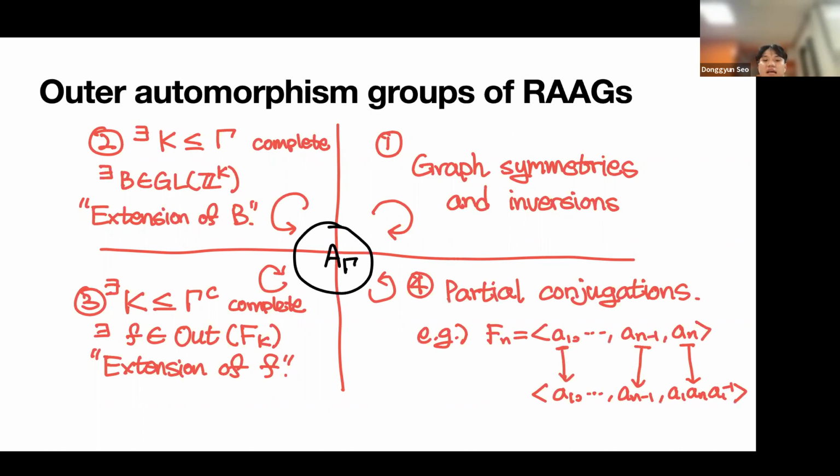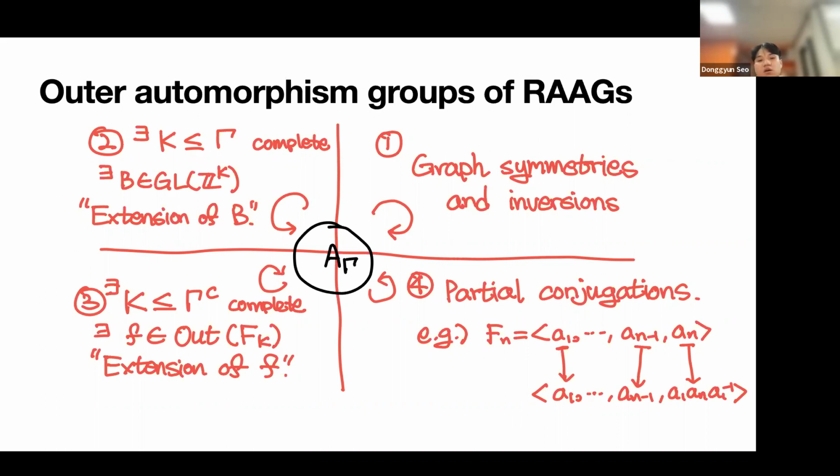Okay, and the last type of automorphism is partial conjugations. So we can divide the inner automorphisms into some partial conjugations. For example, if we think about the free group of sufficiently large rank, then we can take a pair of generators. In this case, we take A1 and AN.